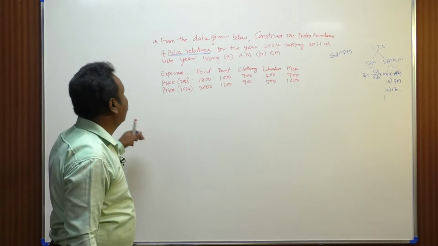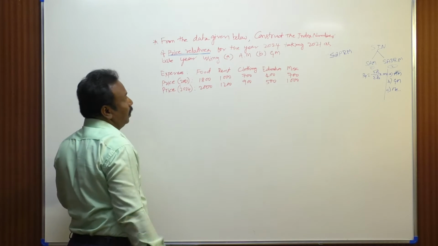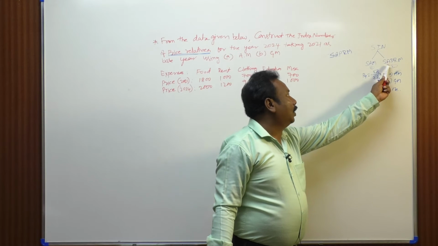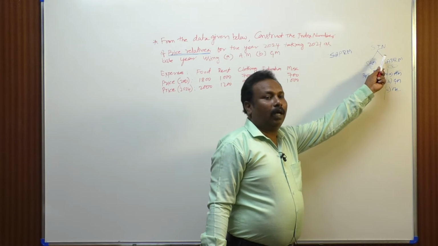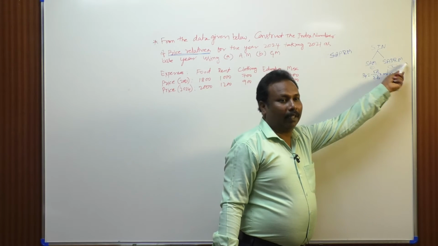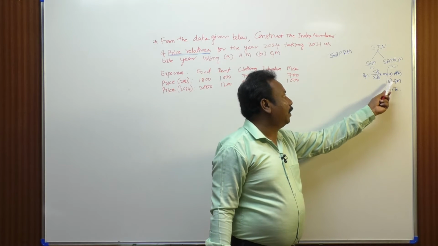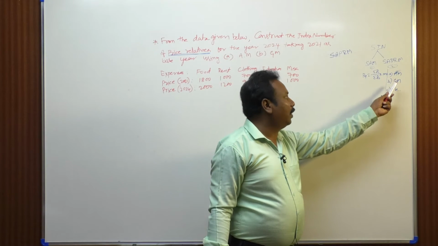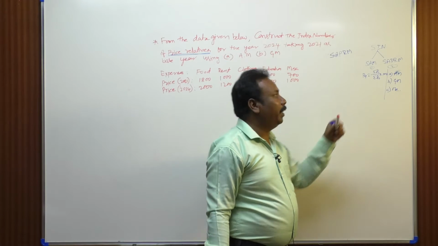So here it is asking the price relatives method, which is the second one, the simple average price relatives method. Under that, three methods are there: arithmetic mean method, geometric mean method and median method.